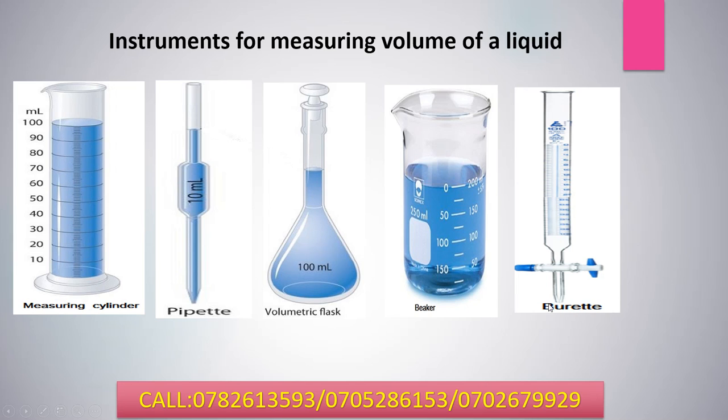Then there's another device called a burette. A burette has the markings running from up here going downwards, increasing, but it also measures the volume of liquid. So these instruments measure the volume of liquids accurately.